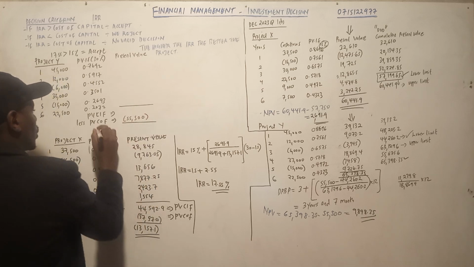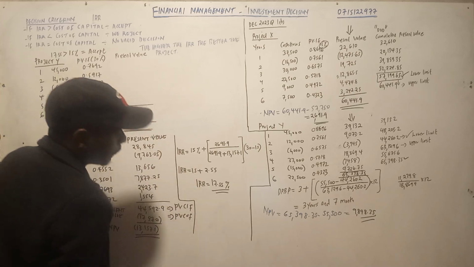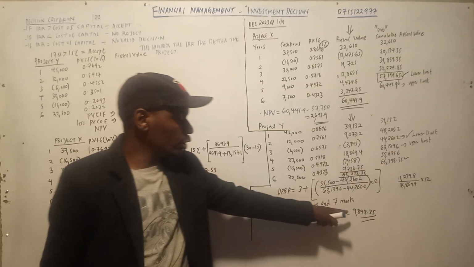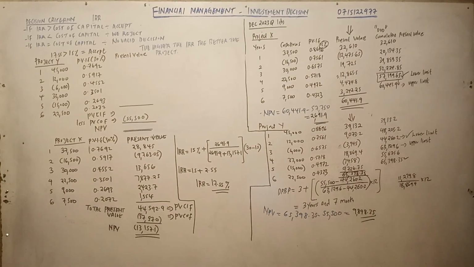So we get our NPV. And remember, our NPV must be negative. Reason why? Because step 1 is positive. So let us do it. So multiply. So we multiply already.